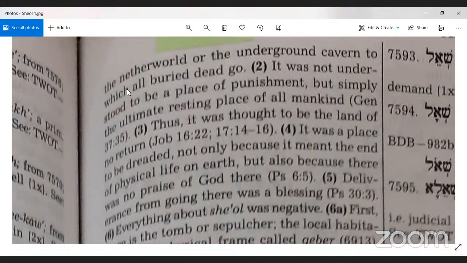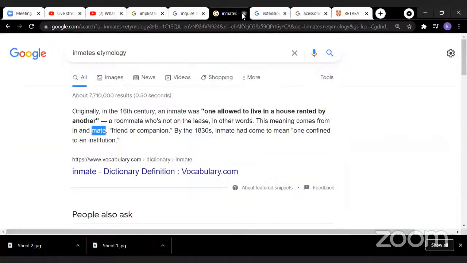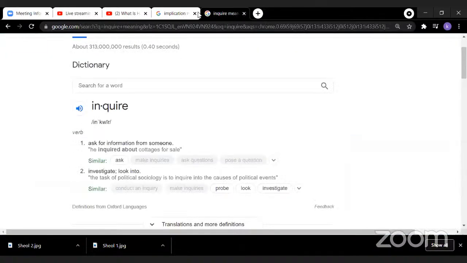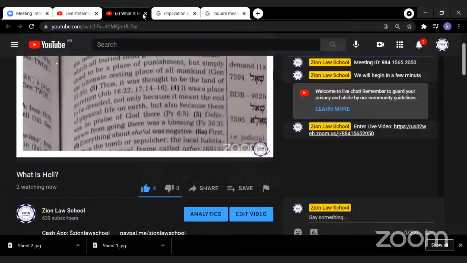Genesis 37:35. Should we take a look at that? Yeah, let's also discuss this in terms of the implications of hell, of burning in hell. What effect has that had on humanity?